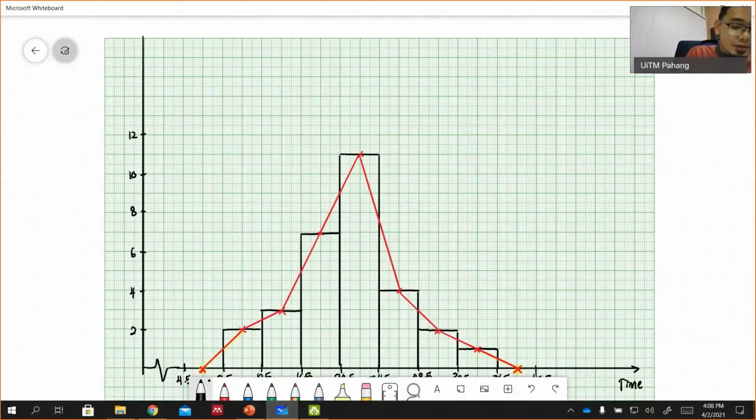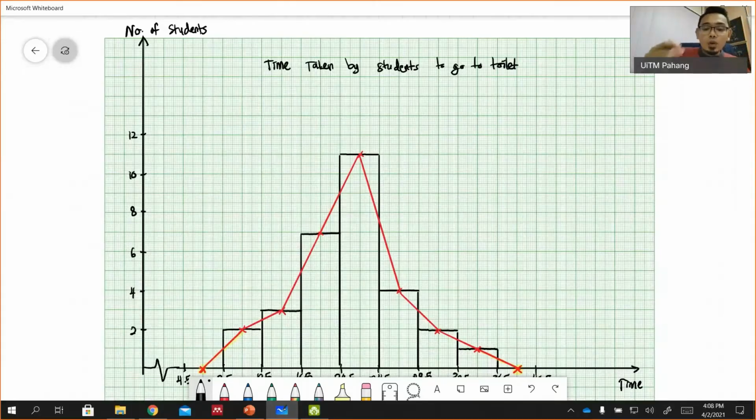So the frequency will be the number of students, for example. So maybe the title will be time taken by students to go to the toilet. This is just one example.